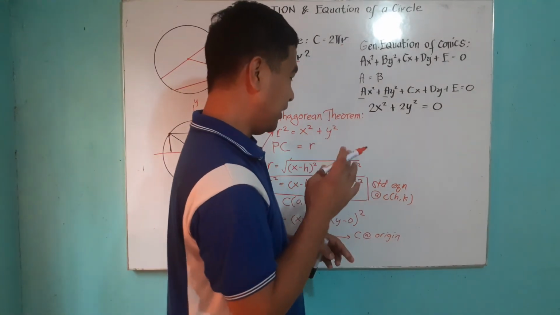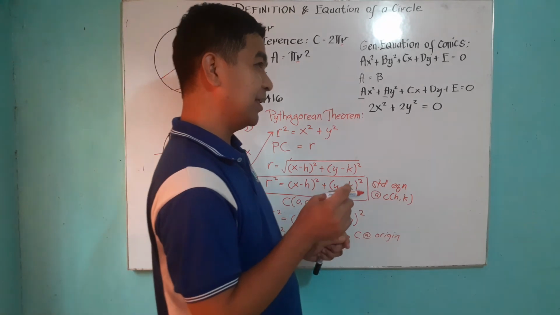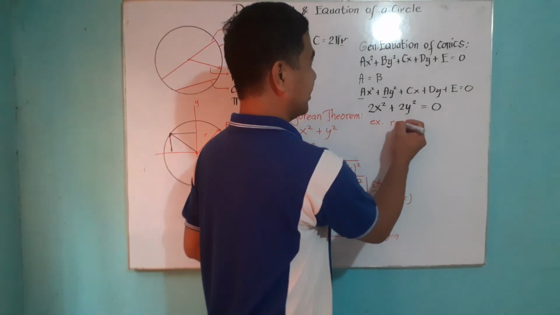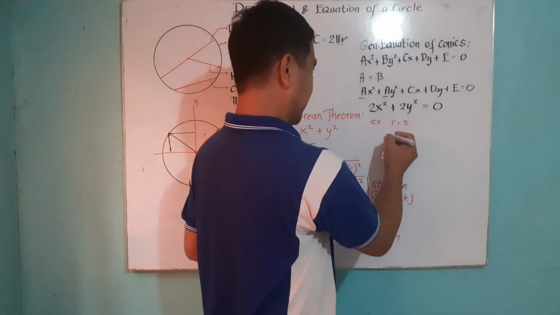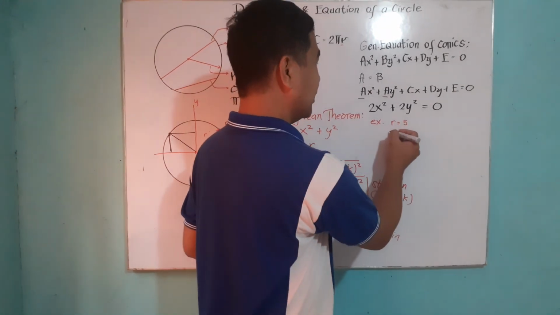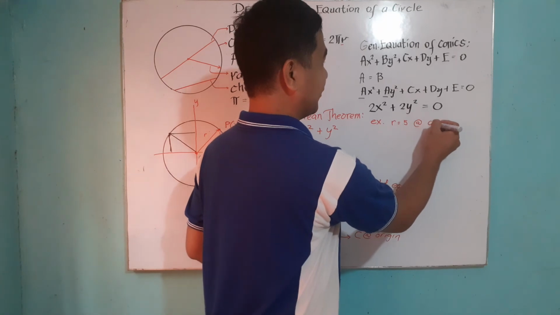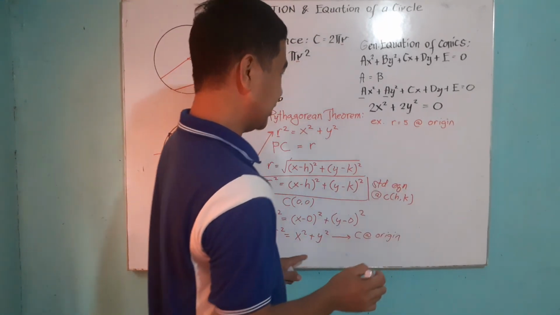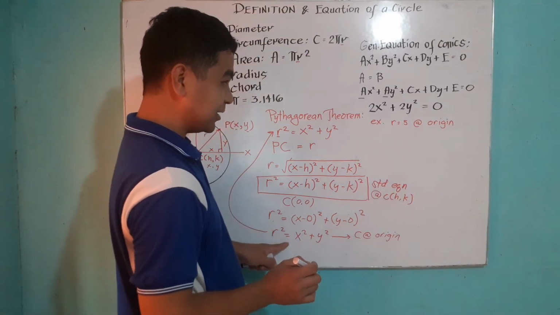Example, finding the equation of a circle at the origin. We have, for example, r equals 5 at the origin. When you say at the origin, meaning the center is at 0, 0. We are going to satisfy this formula.